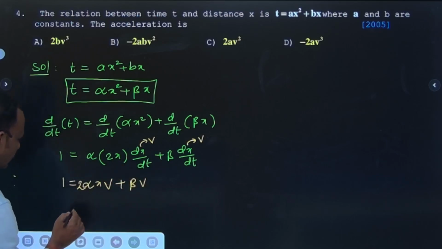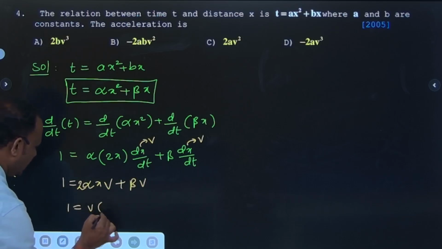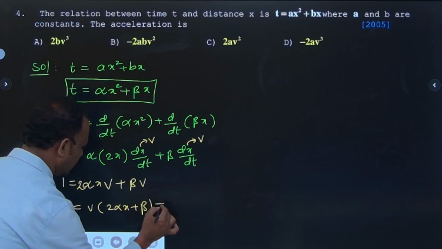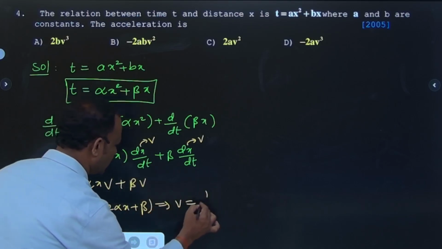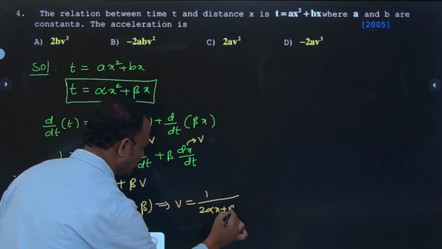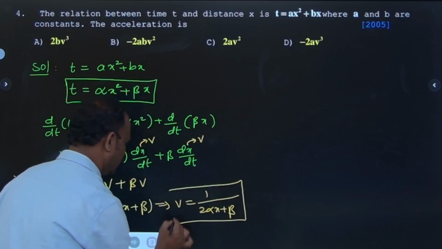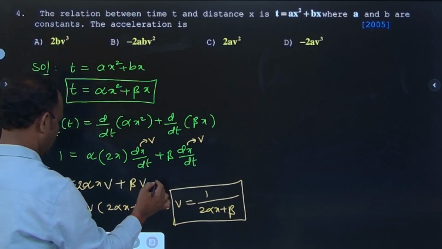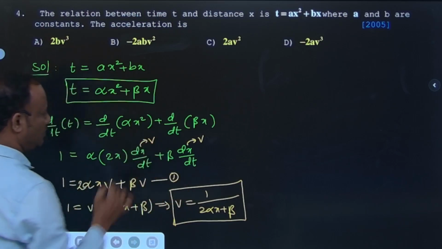So 1 is equal to v times (2 alpha x plus beta). Then v is equal to 1 by 2 alpha x plus beta. This equation I am taking as equation number 1.